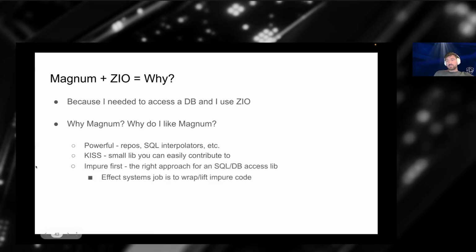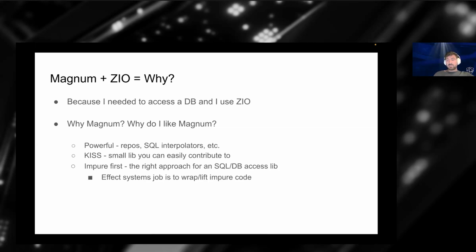The third reason why I like Magnum is that it's impure first, or direct style first. And that's a great choice, in my opinion, made by August. DB operations are nothing else but side effects, so it makes sense for a library providing tools for this domain to be impure. Also, it allows any Scala style practitioner to easily adopt it. If you use pure Scala without any library, you can use Magnum directly.